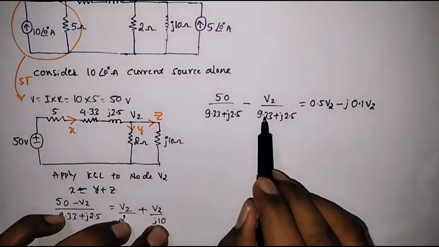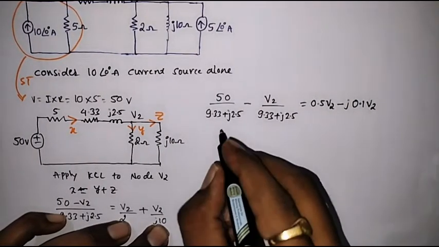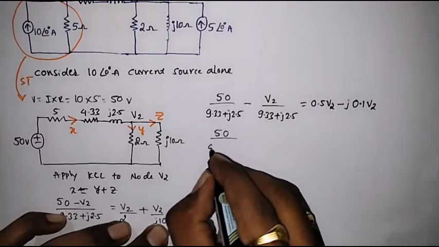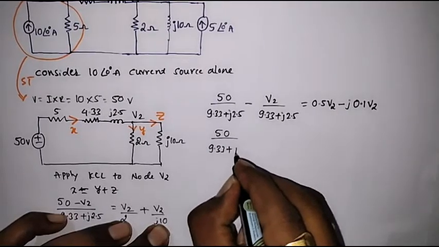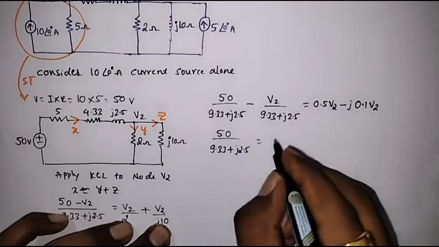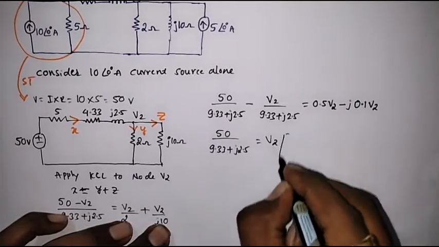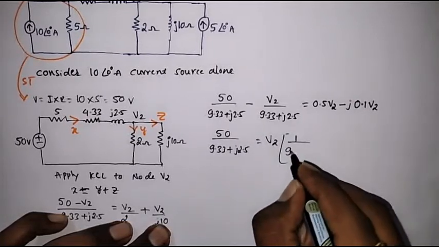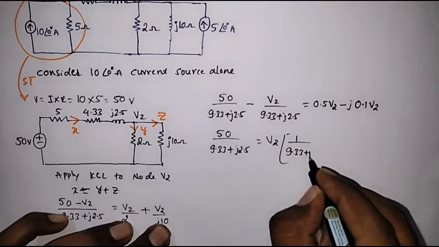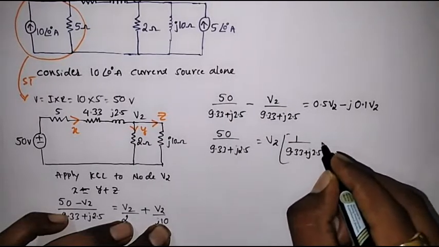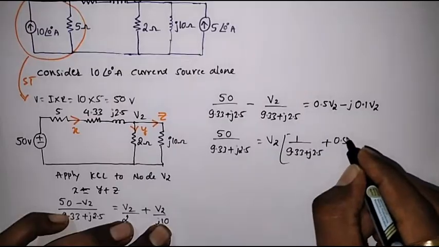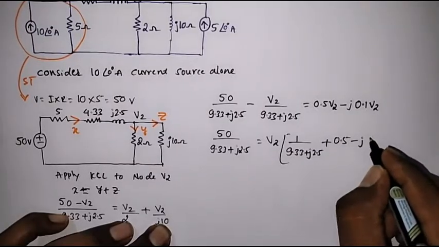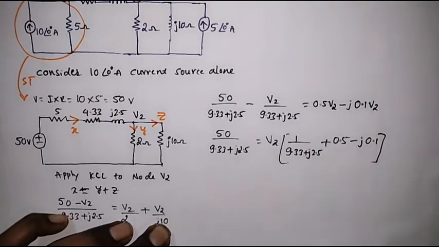Now I'll send this V2 term to the right hand side, that is 50 divided by 9.33 plus j 2.5 is equal to, I'll take V2 common, so I get 1 upon 9.33 plus j 2.5 plus 0.5 minus j 0.1.